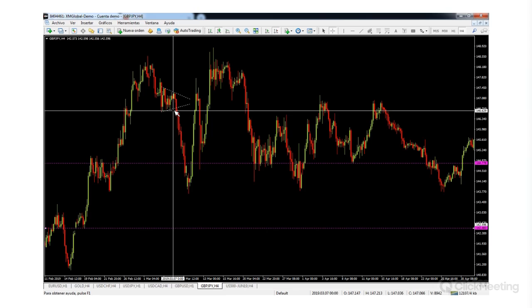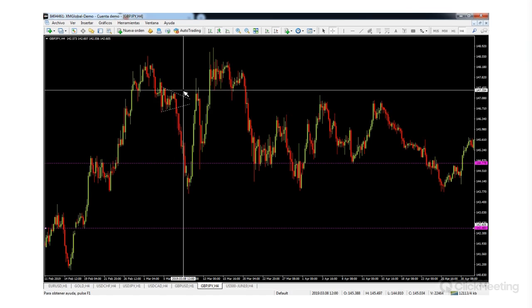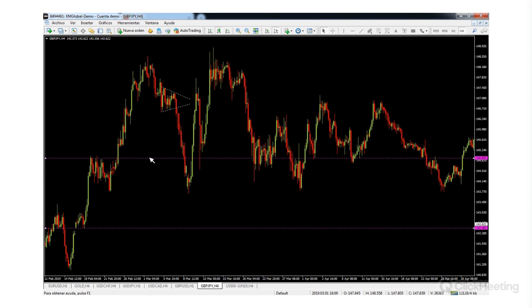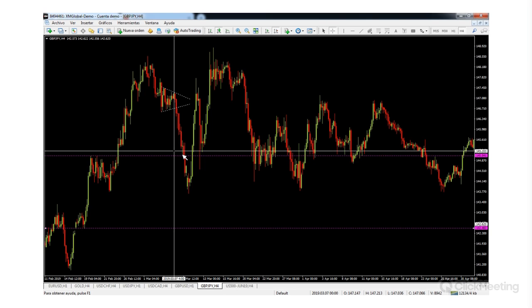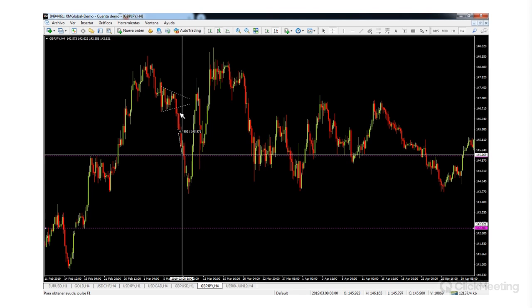I put on a sell stop below these lows and a stop loss above the highs, risking about 72 pips. My first target was here. So I was risking 70 to 72 pips and I made 157 pips.